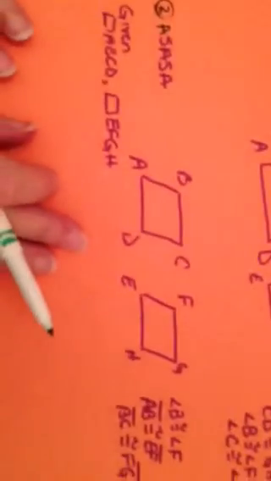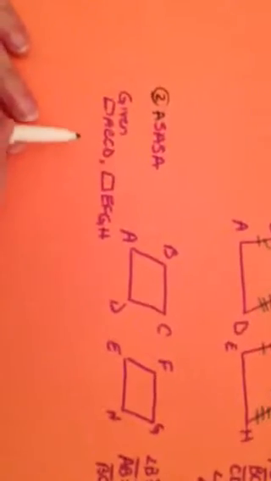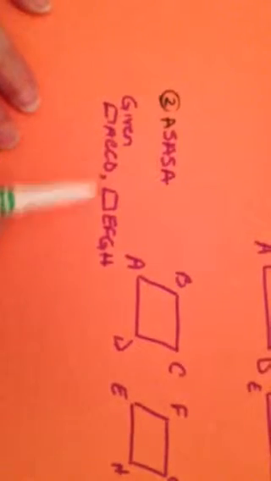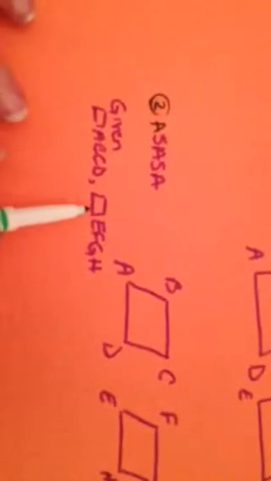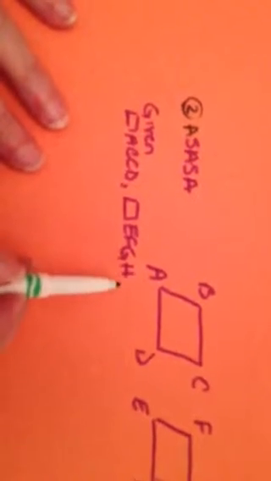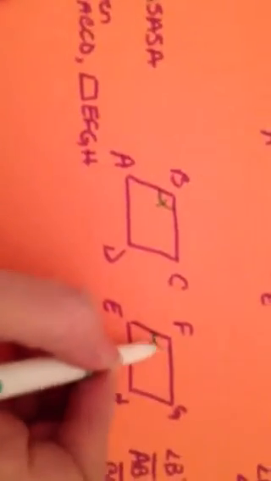The second way to prove two quadrilaterals congruent is angle, side, angle, side, angle. So this time I'm given that I have parallelogram ABCD and parallelogram EFGH. I know that angle B is congruent to angle F, that's given.